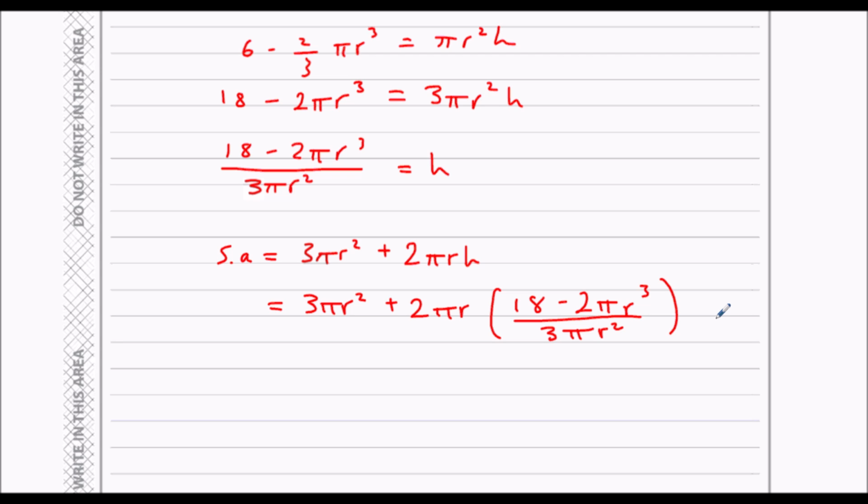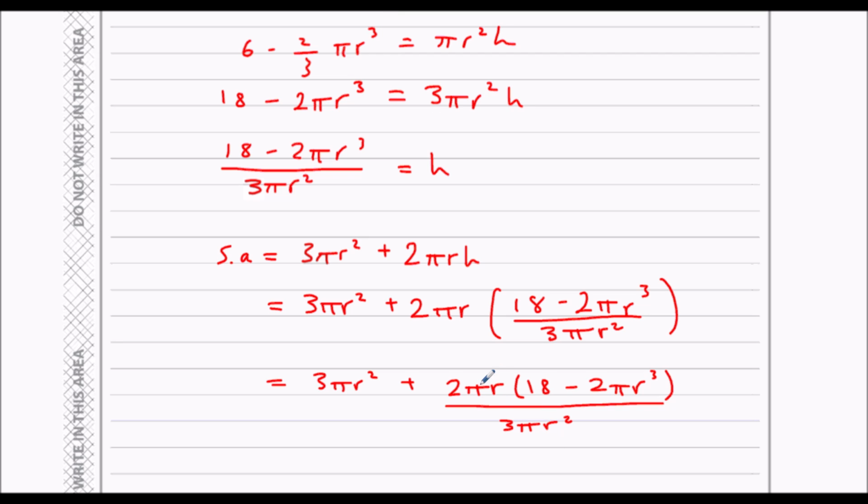So let's simplify this. So 3 pi r squareds plus 2 pi r's times 18 minus 2 pi r cubed over 3 pi r squared.